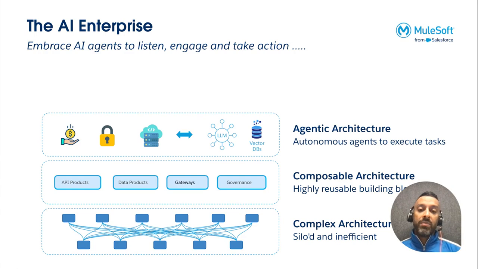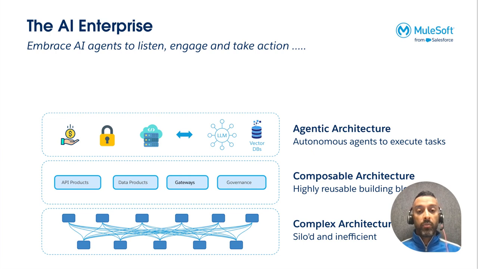So the APIs, the composability, the building blocks become the enabler of the AI agentic architecture, where all this intelligence will come into play. Autonomous agents will execute tasks based on that available composability, and these agents can also become composable.